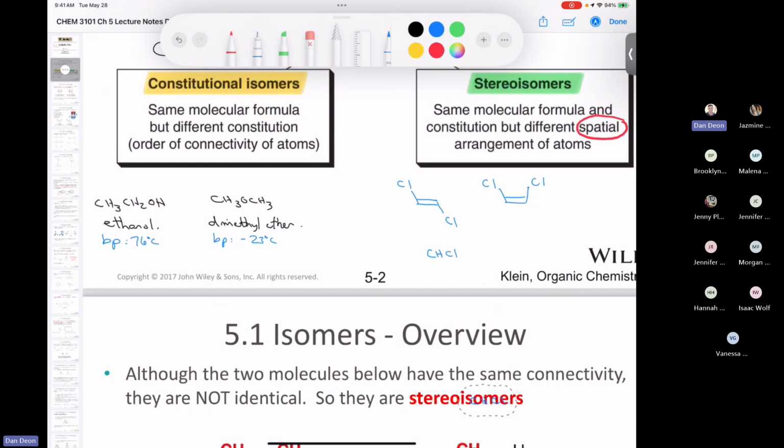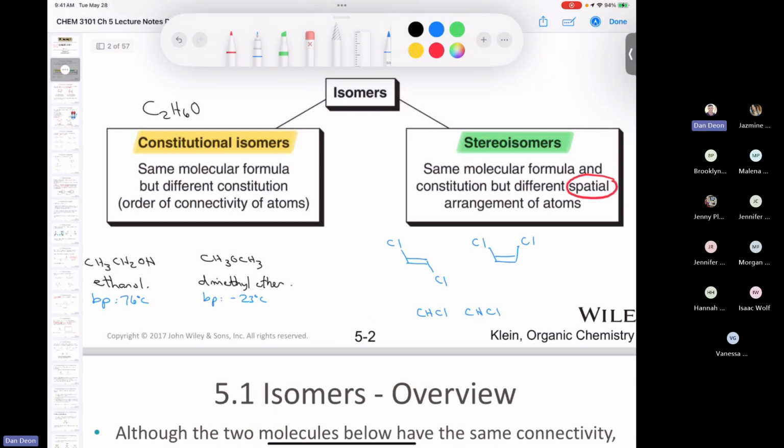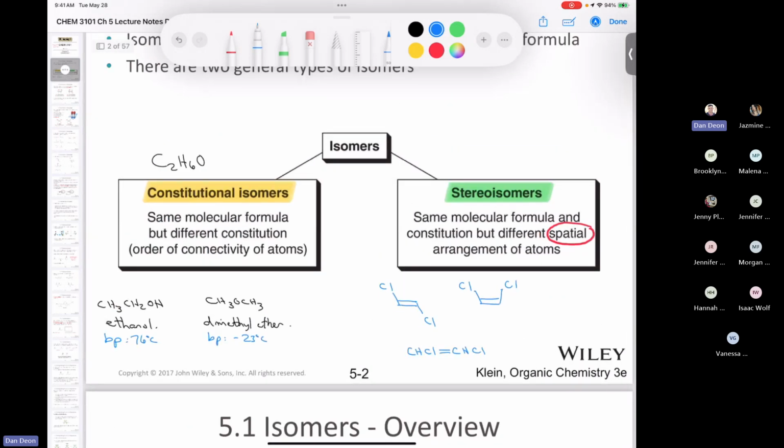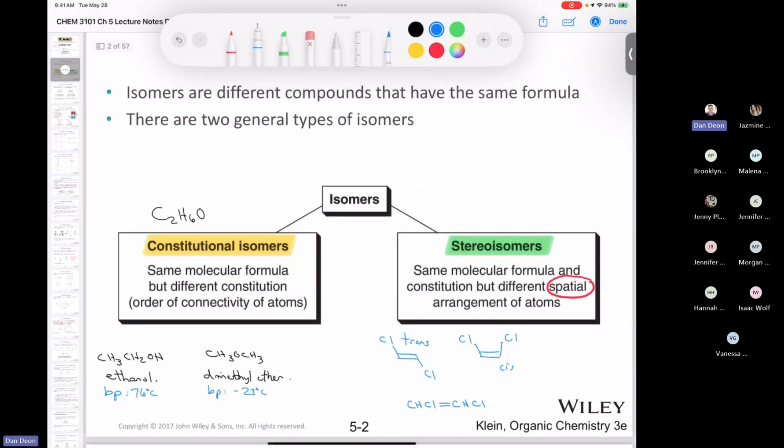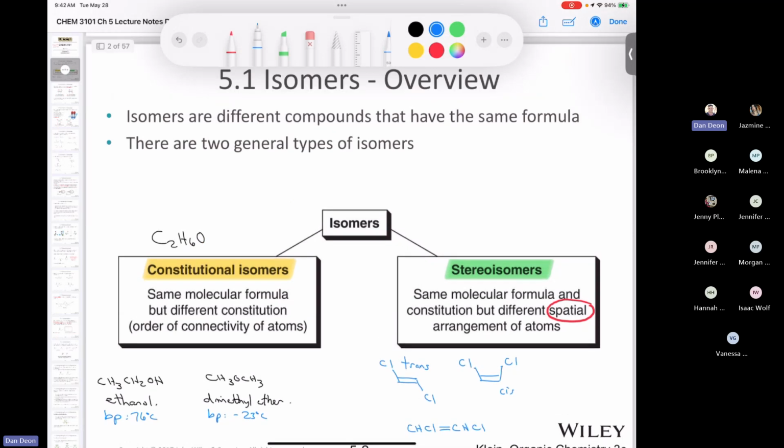Anyhow, I have my double bond like this. Both of these compounds have CHCl double bond CHCl, right? There's no arguing that. But are these two compounds identical? No. One of them is a trans compound and the other one is a cis compound. And so they have the same molecular formula, same constitution, but the arrangement of atoms in space in 3 dimensions is different in the two of them.